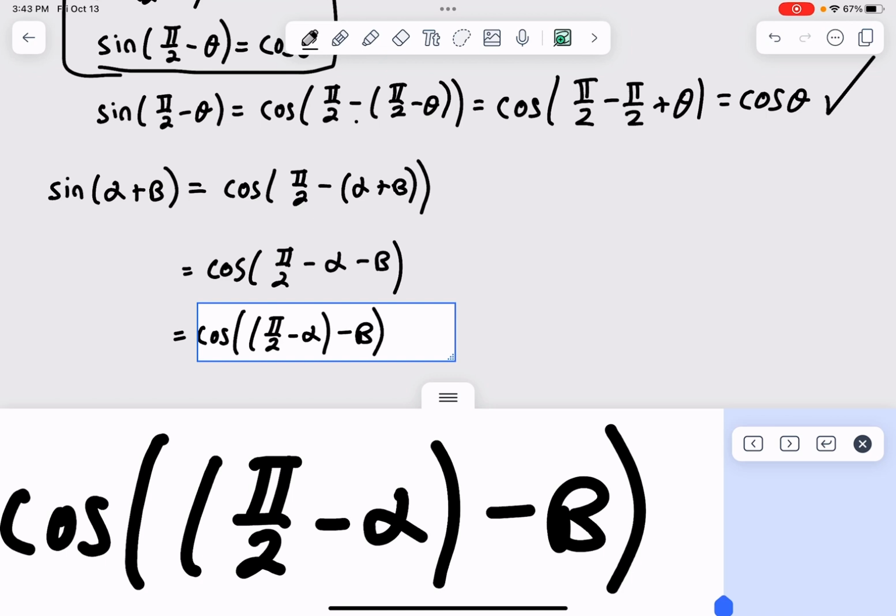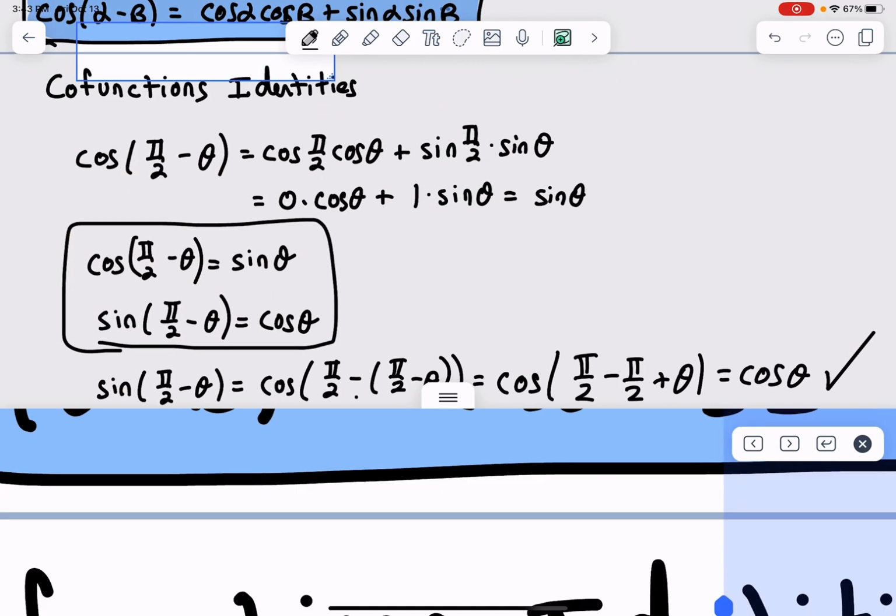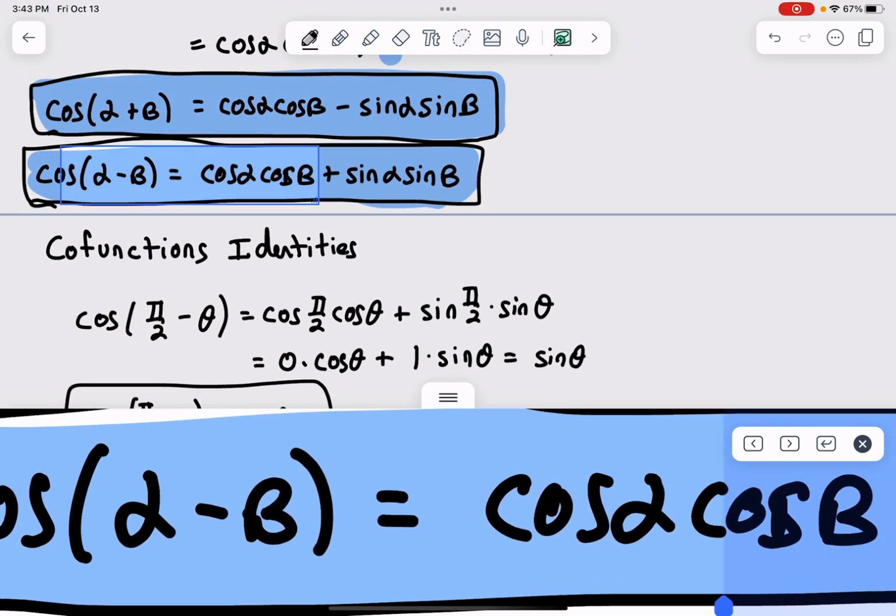So I have an identity for the cosine of a difference, so I group the alpha with the pi over 2 and leave the beta out. And now we can use our identity for cosine of a difference, our very first identity here.